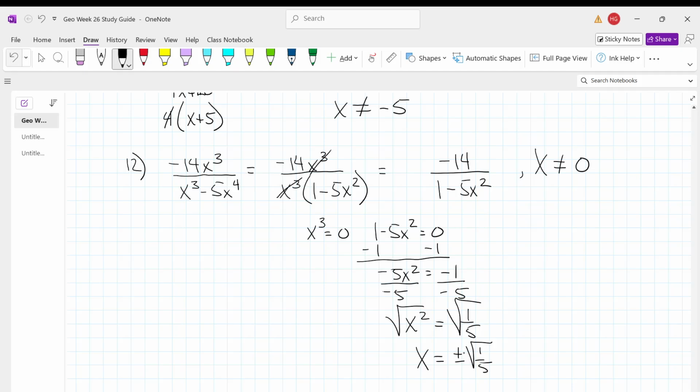So that would be your other exclusion, all right? X cannot be equal to positive or negative square root of 1/5. That would create a 0 in this factor. And x just being equal to 0 would create a 0 in this factor. And if you multiplied those two factors, anything times 0 is equal to 0.